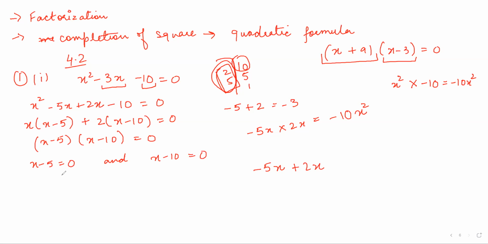Okay, now I have two linear equations. So x is equal to 5 from here and x is equal to minus 2 from here. So that is how we solve. Anyway, you have already done this, but this is what the method of factorization is. So I'm not going to do all the parts. Now you know the method. If you want me to solve any part, you can tell me.